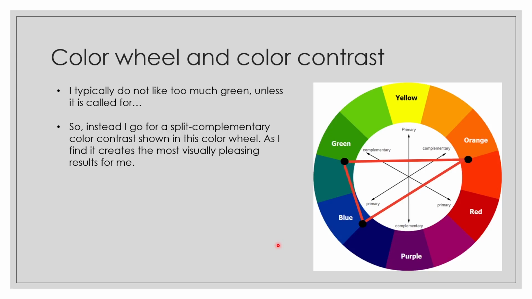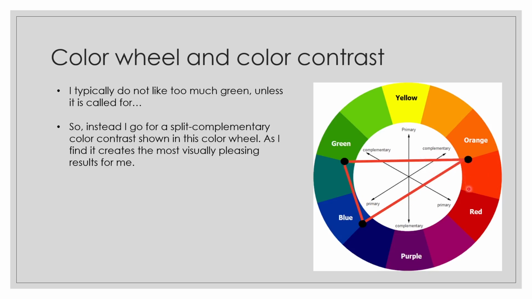So this is the specific split complementary color contrast that I usually use. I use kind of an in-between orangish red color combined with kind of a deeper blue to a lighter blue color, and then kind of this cyanish turquoises to green color in my image processing.